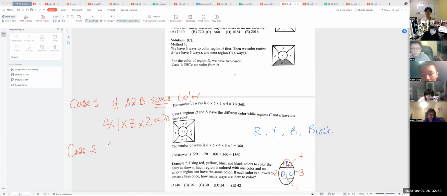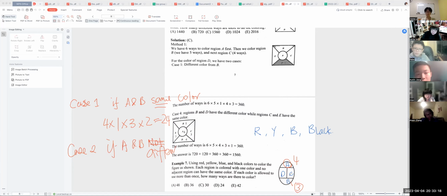Okay, so Kelvin. So case 2, if A and B are not the same color, or we say different colors. So A still have 4, right? So A still have 4. So for the region B, how many options are there? Kelvin? 3, very good.